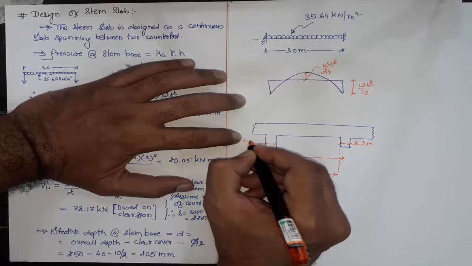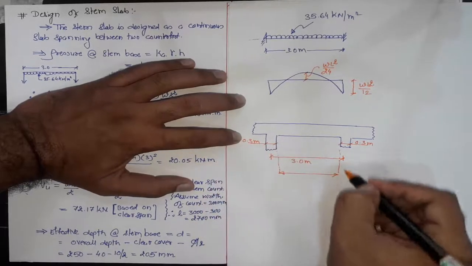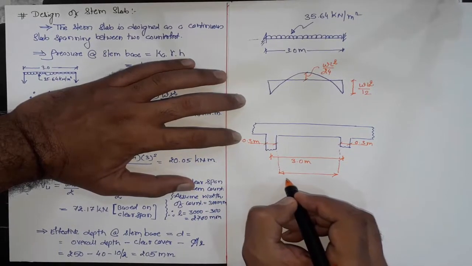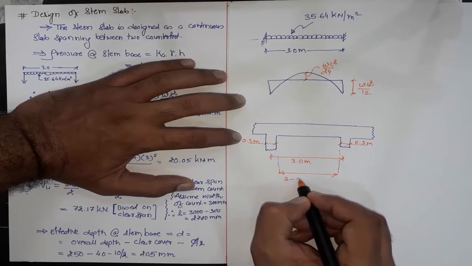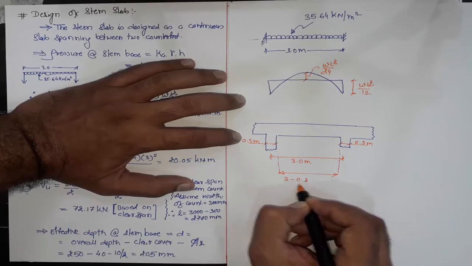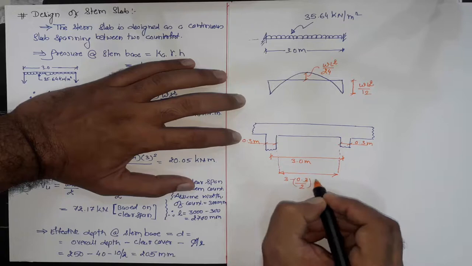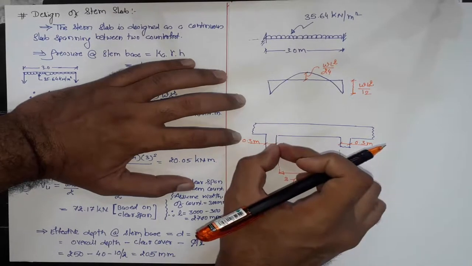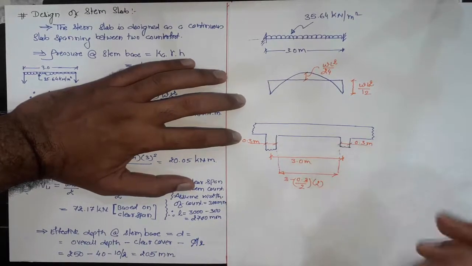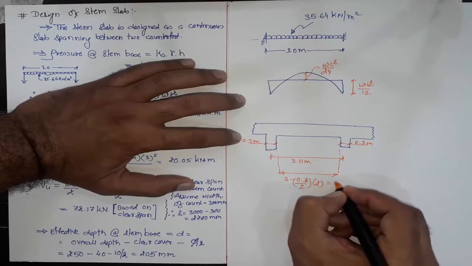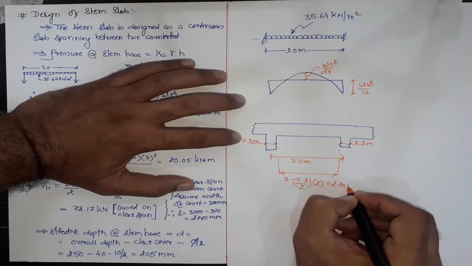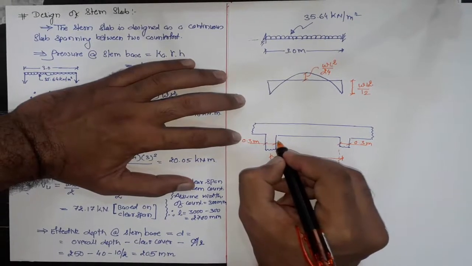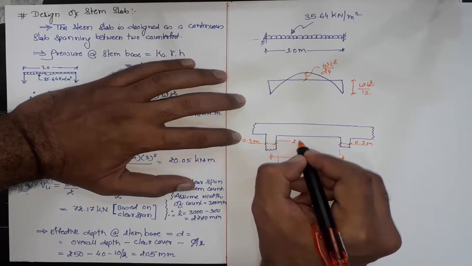Therefore, clear distance between the counterfort will be equal to 3 minus 0.3 divided by 2 times 2, half from the left counterfort, half from the right counterfort. This comes out to be 2.70 meter. This is the clear distance between the counterfort.